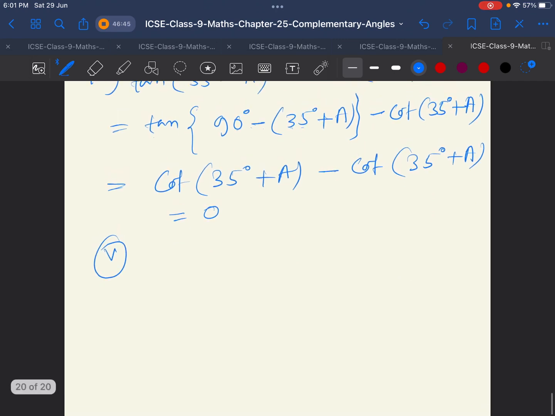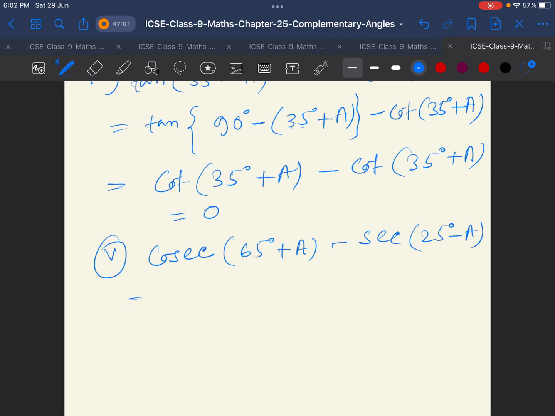Question number 5: cosec of (65 plus a) minus sec of (25 degree minus a).